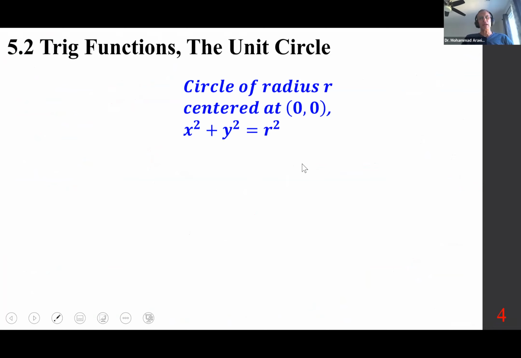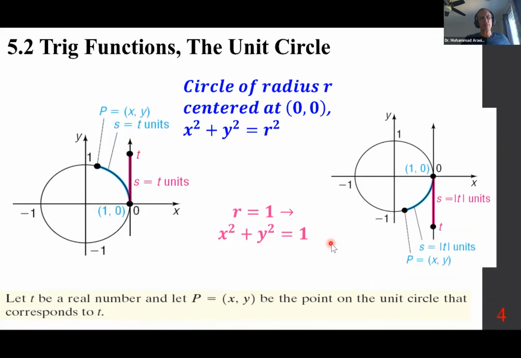So a circle has the equation x squared plus y squared equals r squared if it's centered at 0, 0. If the radius is 1, this becomes 1 squared, or 1, and we call this now a unit circle. So this is a circle in general, this is a unit circle. Let t be a real number, and P, with coordinates x, y, be some point on the unit circle that corresponds to t.